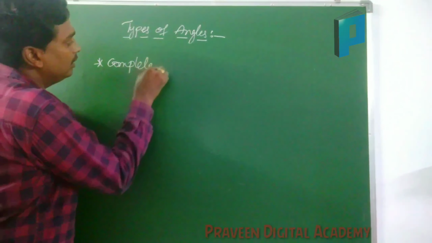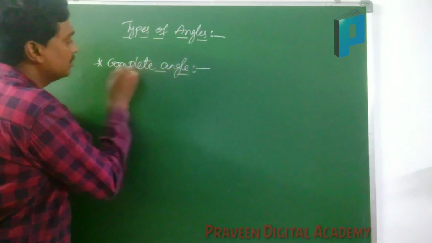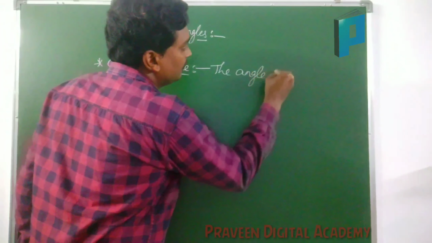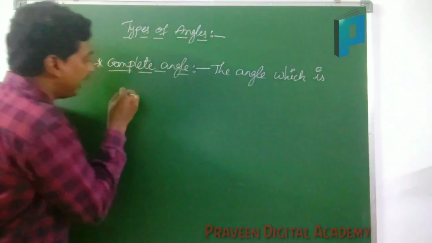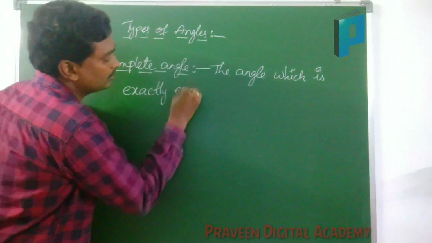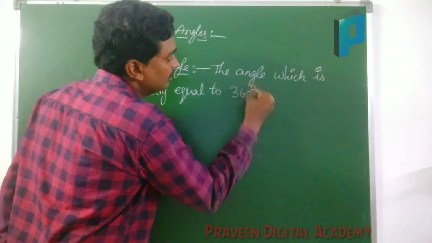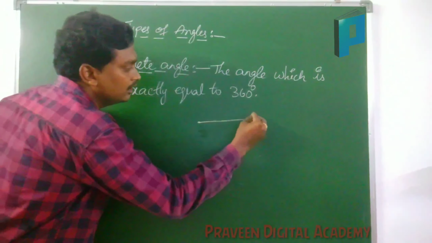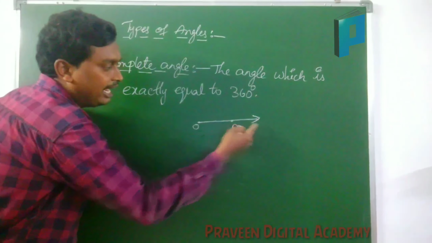Complete angle. The angle which is exactly equal to 360 degrees is called complete angle. Here you will have OA as the initial ray.